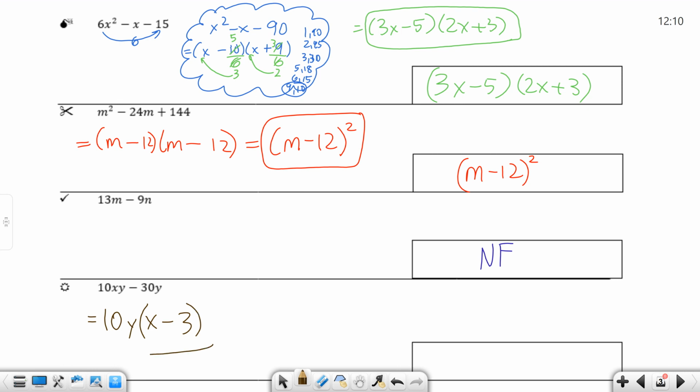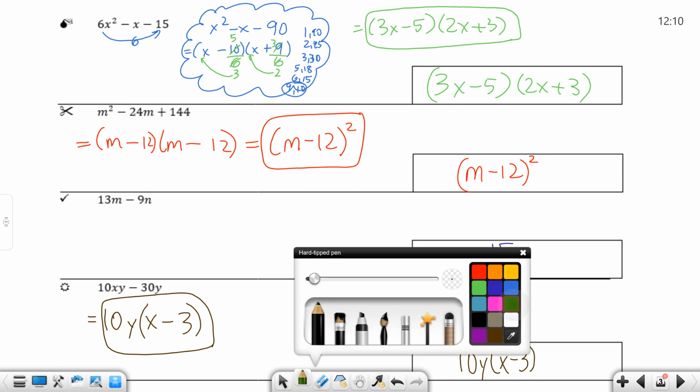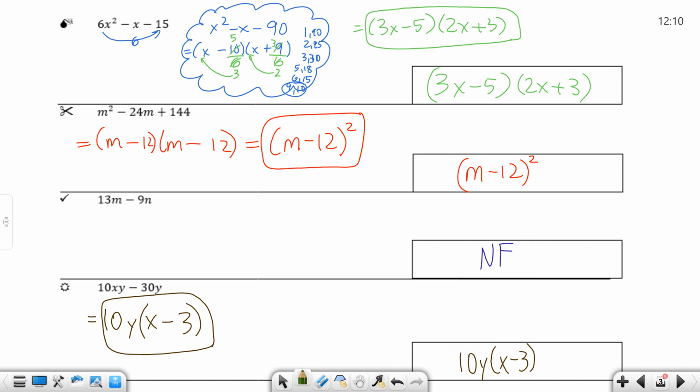Just a 3. And there's nothing else you can do to that now. This is the only thing that's a plus or minus in parentheses. There's no power bigger than 1, and there's no GCF between those two terms right there to bring out because you've already done that. So that's going to be 10y times x minus 3.